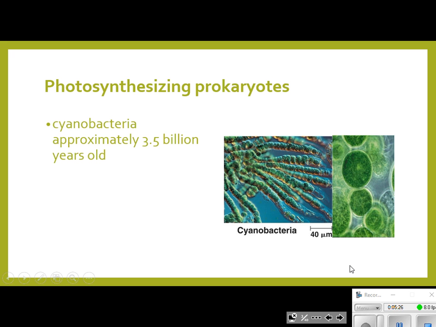So after these non-photosynthesizing cells, we had prokaryotes. We still didn't have the nucleus. However, they did undergo photosynthesis, these photosynthesizing prokaryotes.